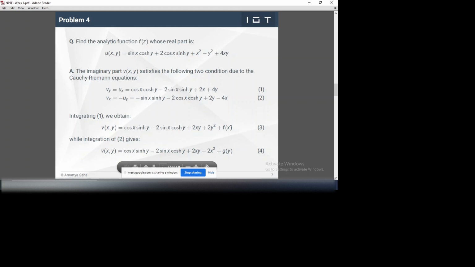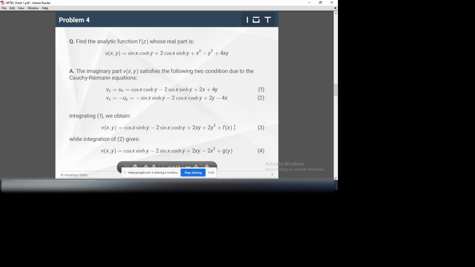So integrating equation 1, we are led to equation 3. And please note the appearance of this undefined function f(x). These functions will always appear in a partial integration, because it is like the integration constant of single variable calculus.